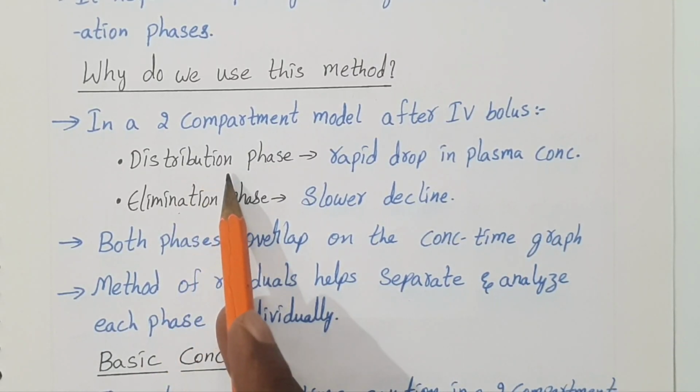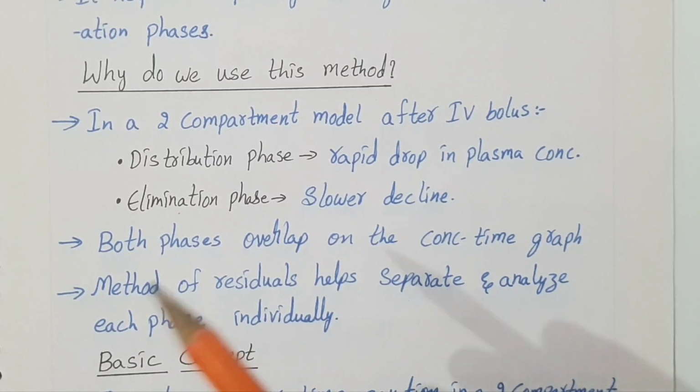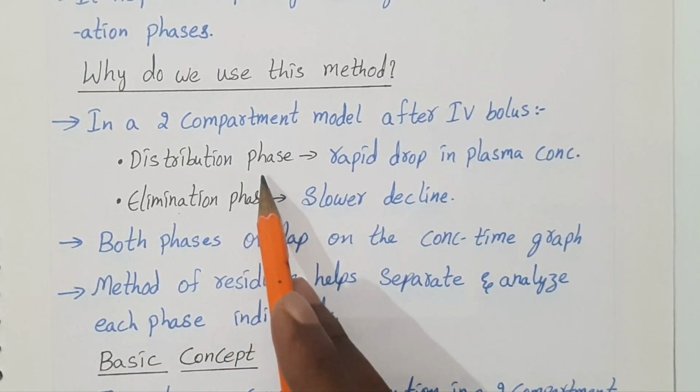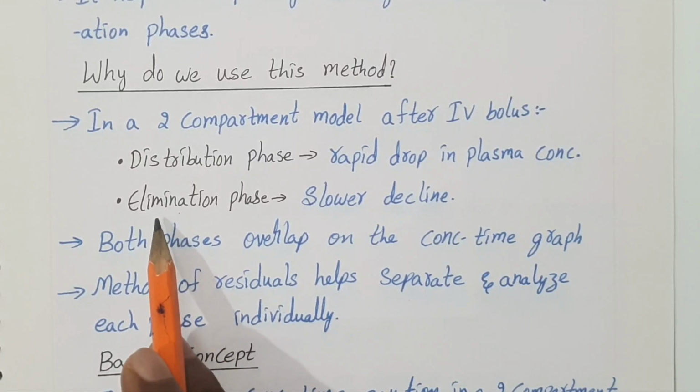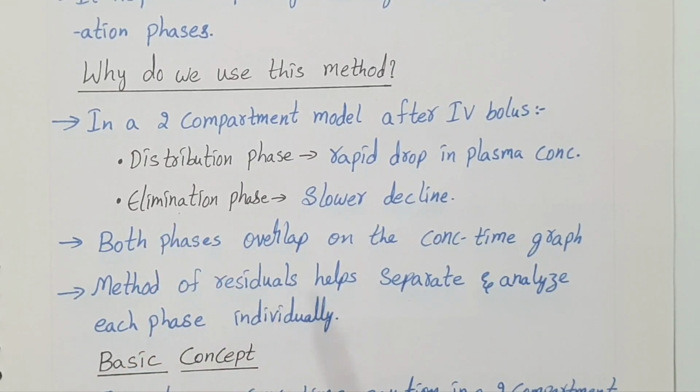First, it distributes into tissues, that is the distribution phase. Then it starts leaving the body, meaning the elimination phase. But on a plasma concentration versus time graph, both these phases overlap. So we need a method to separate them, and that's where the method of residuals helps us.